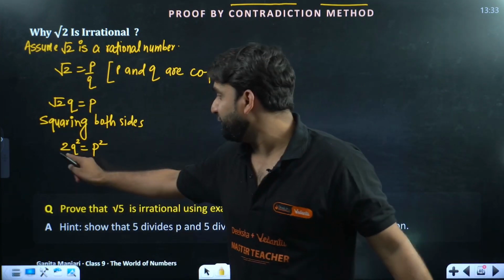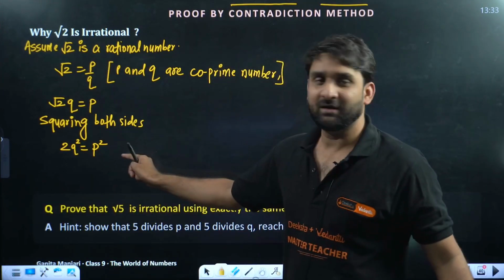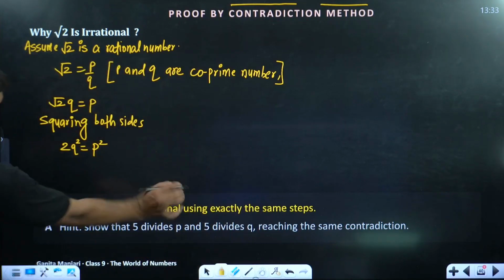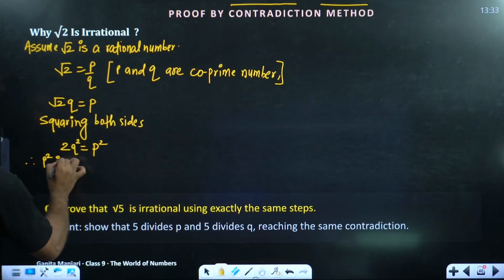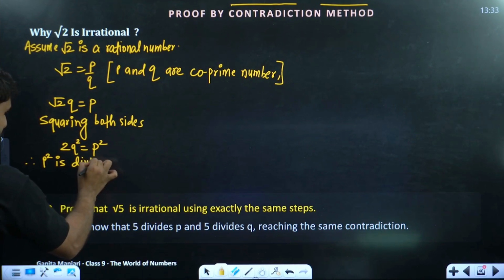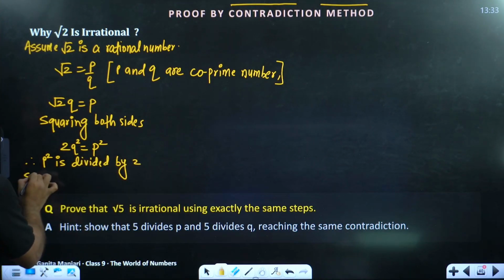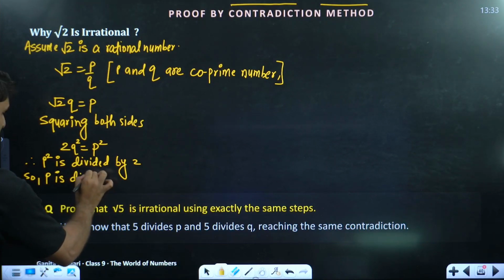When this 2 goes to the other side, it will be dividing p square. So we can write p will also be divided by 2. P is divided by 2.